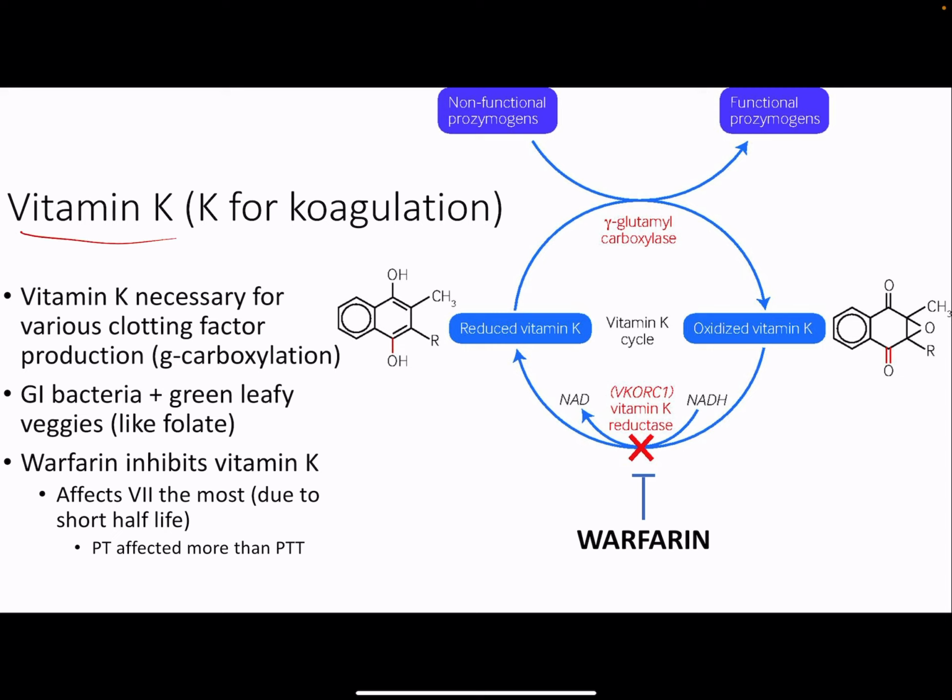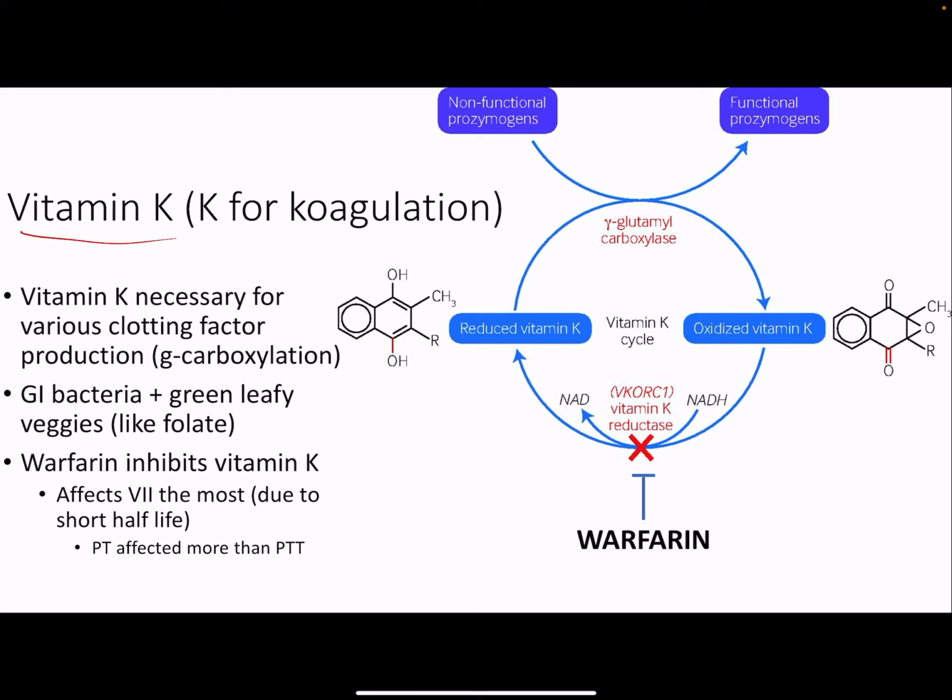Okay, vitamin K. Vitamin K is necessary for gamma carboxylation of glutamate amino acid residues and various clotting factors. So that's a lot. Long story short, vitamin K is necessary for coagulation factors. It's also necessary for some coagulation inhibitors, which is kind of confusing.